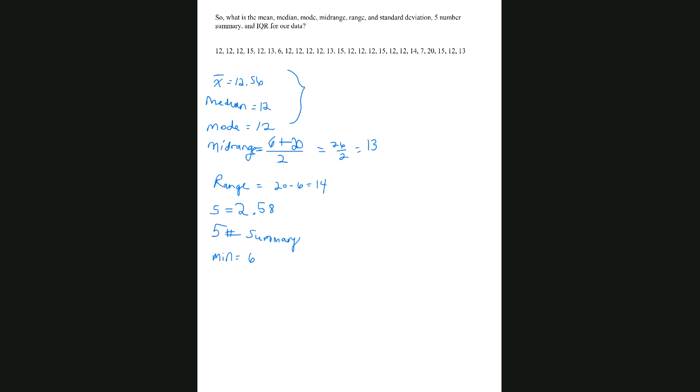Then I have Q1, or the first quartile, and that's 12, and I got that right from the Excel file. So what that means is that 25% of the data is 12 or below. And the median is 12, as we saw before.